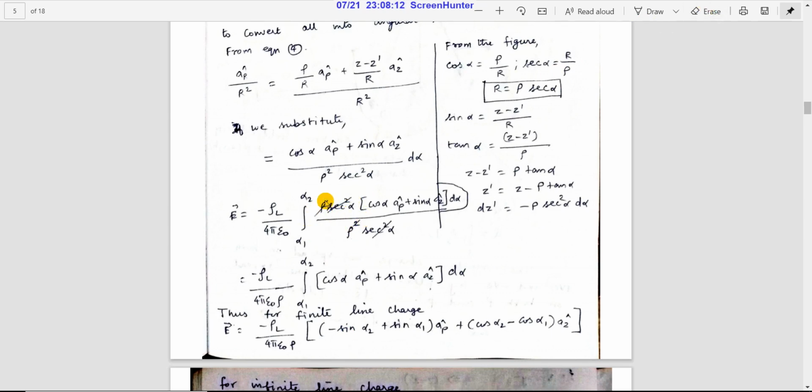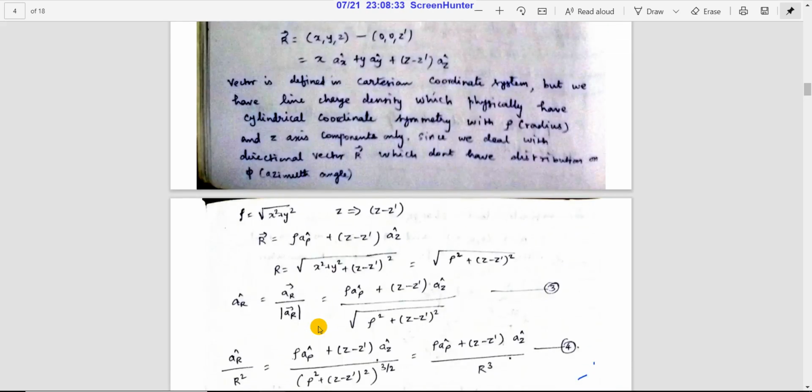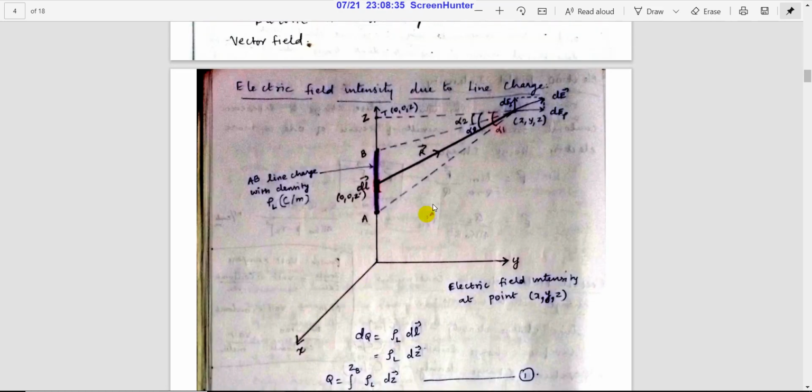So also you know what dz dash is, so we can substitute these values, then our equation will be coming like this. Now you just strike out the relevant terms. So rho square will be cancelled out, so one rho will be here, secant square is cancelled out, so we will get this particular equation.